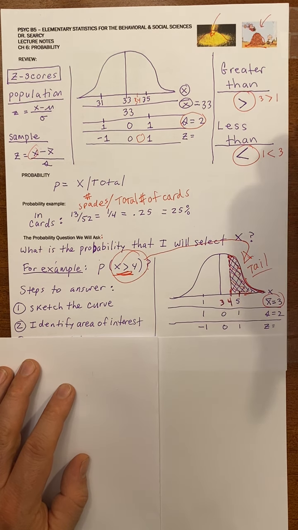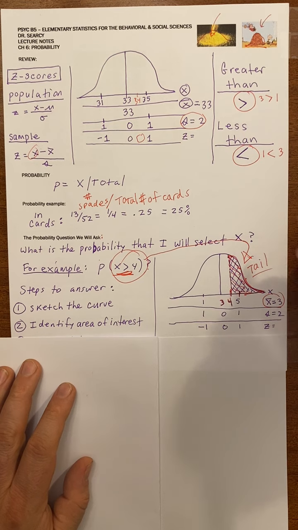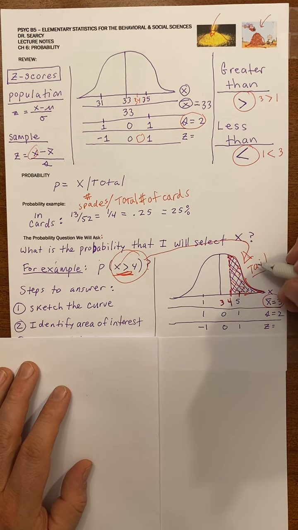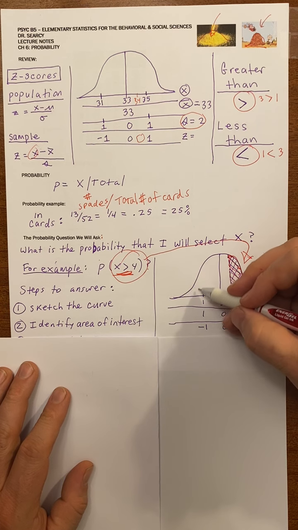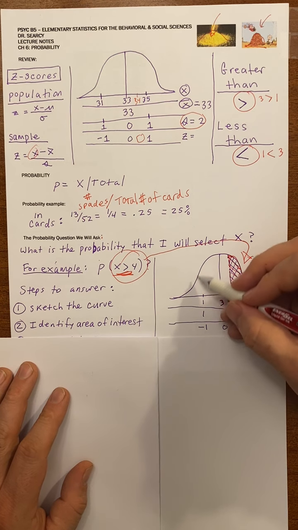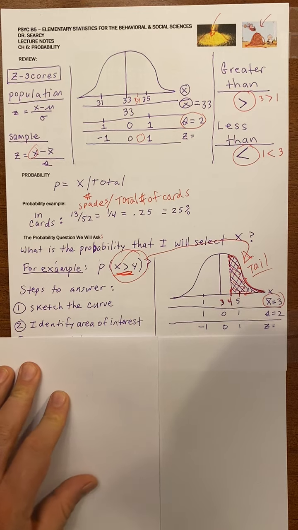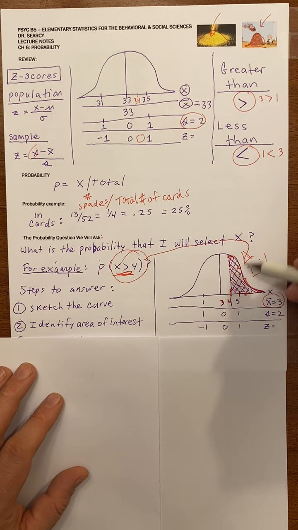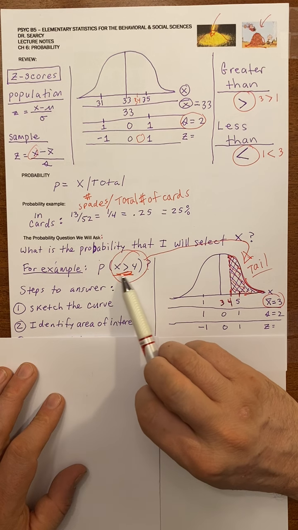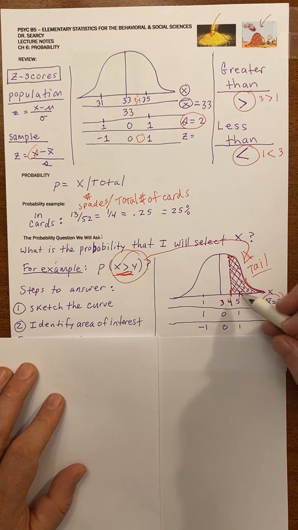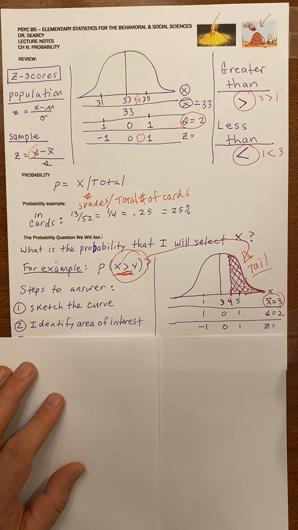One thing that you might note is that when we talk about a tail of a curve, it can be on the right side of the curve, or you could also be talking about the tail on the left side of the curve. In this case, we're talking about the tail on the right side of the curve because we're talking about values that are greater than the X, so on this side of the X.